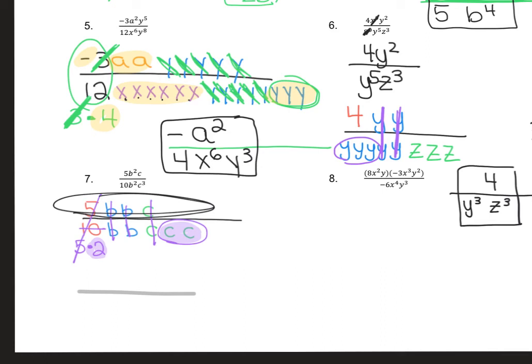It was on the bottom. So the 2 and the c squared is still on the bottom. It was on the bottom. It has to stay on the bottom. And in order to show that it's on the bottom, I have to write a 1 on the top as a placeholder.